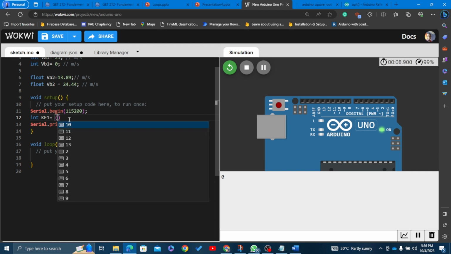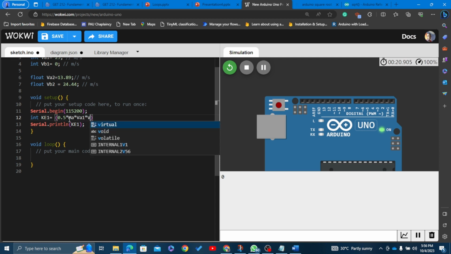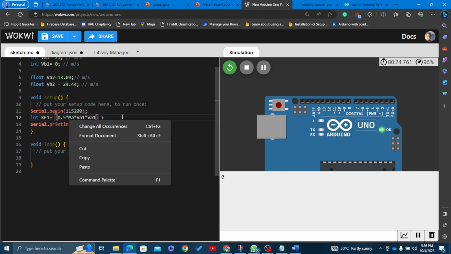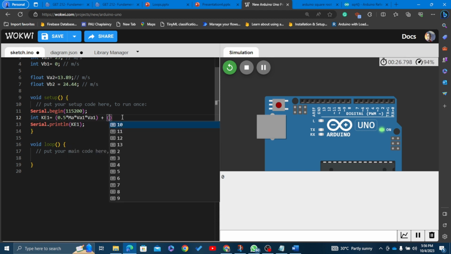So go 0.5 times the mass of the first car, MA, and initial velocity VA1 twice, because it's half mv squared, plus the kinetic energy of the second car that wasn't moving, which is MB.